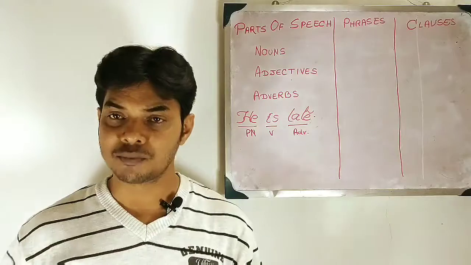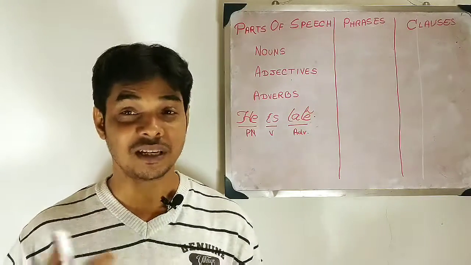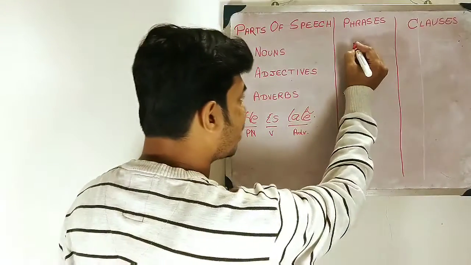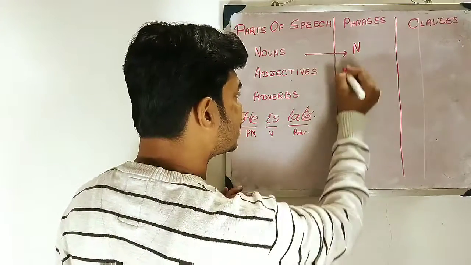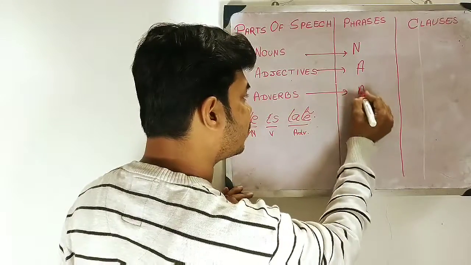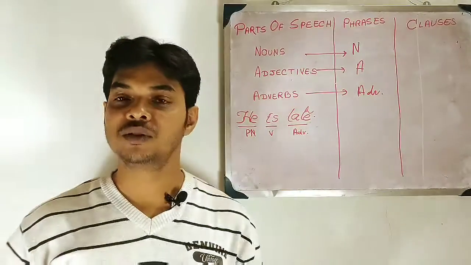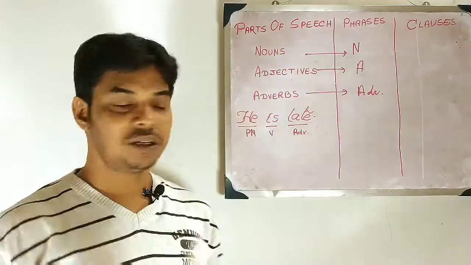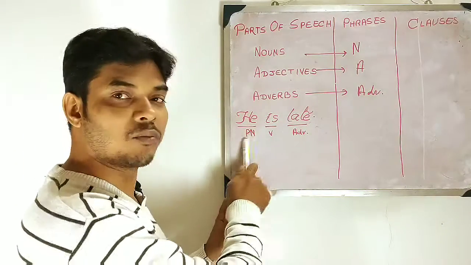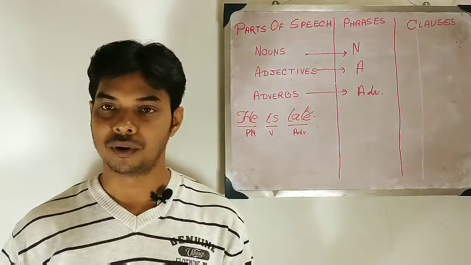And what happens when it shifts to phrases? Yes, when you shift to phrases, you'd get the same nouns, the same adjectives, and the same adverbs in a phrase as well. But there's only one difference. Here you get an adverb or noun or pronoun as a single word, but in a phrase you'd get them as a group of words.